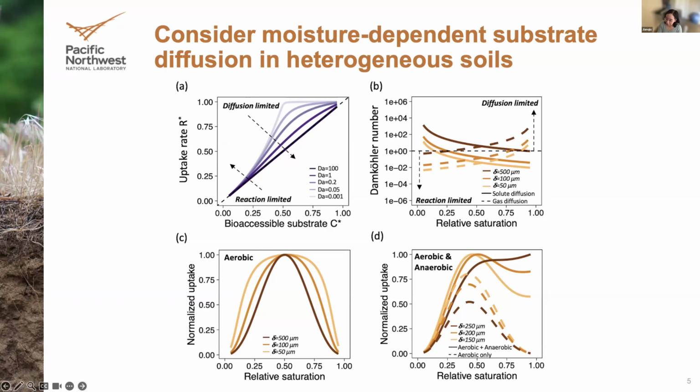Now, putting this back together to consider both carbon diffusion and oxygen diffusion to create that bioshift curve, we can see in subplot C that the microbial reaction rate and moisture relationship shows up as the bioshift curve, but how wide that maximum reaction rate would occur really depends upon the diffusion length.